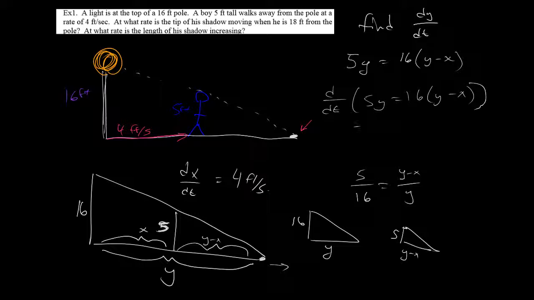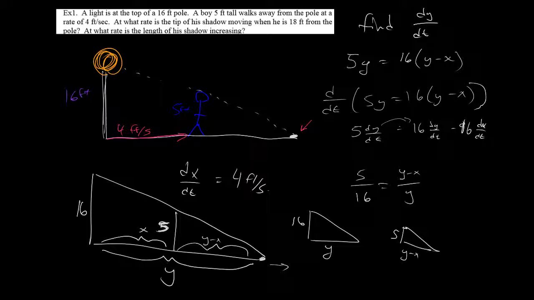And we're going to get 5 dy/dt is equal to 16 dy/dt minus 16 dx/dt. Well, now we just need to get the dy/dt's on the same side, solve for that, and we'll pretty much be golden.